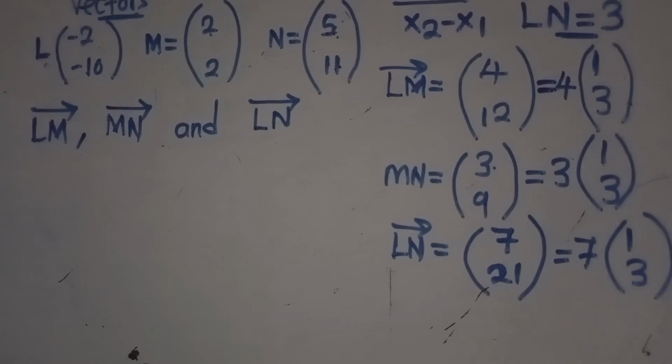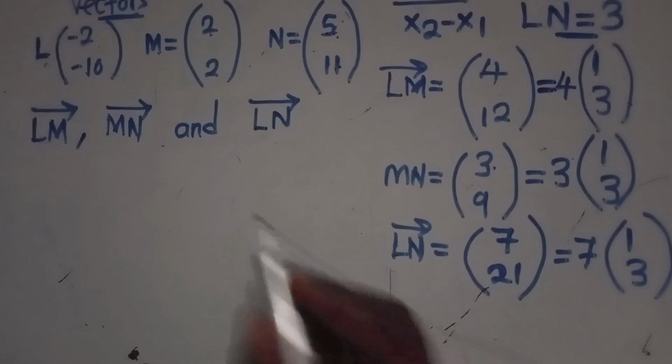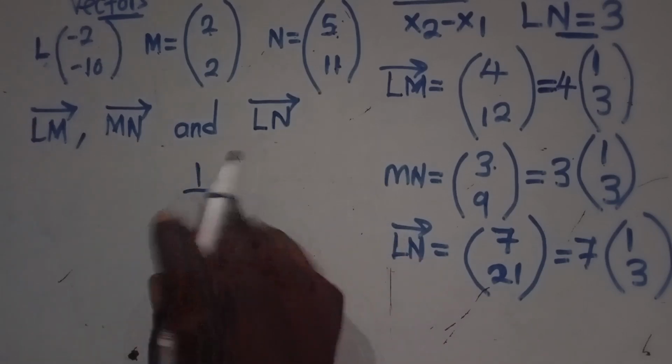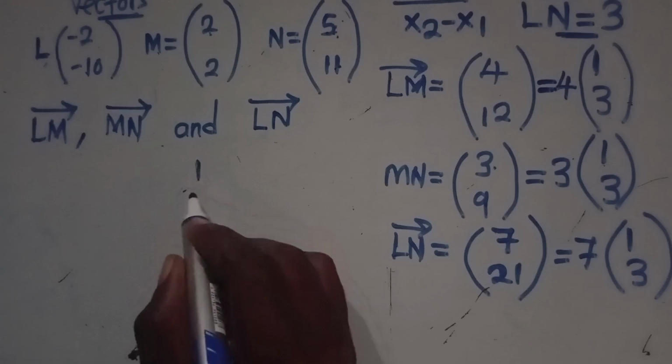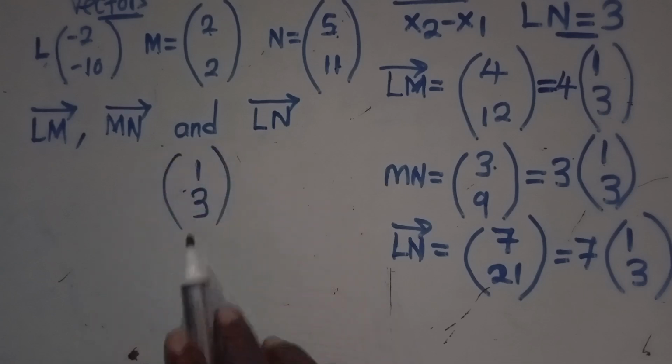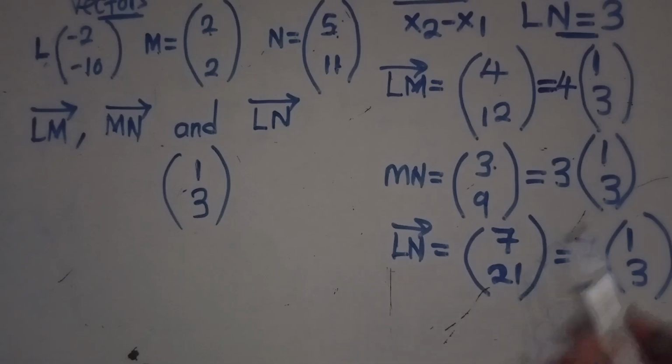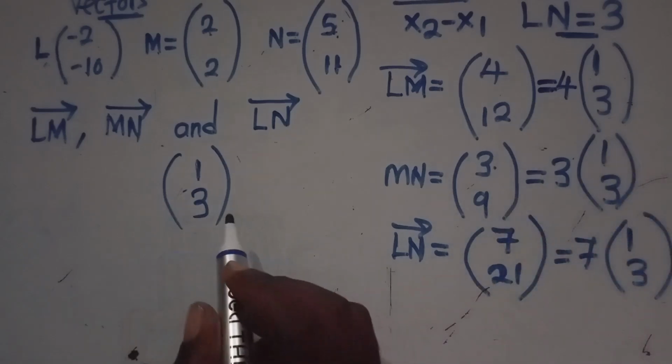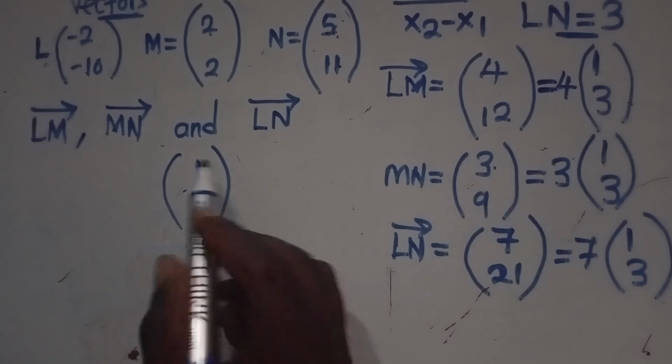So just us doing this, this is a sign that these points. So since each of the 3 vectors is a scalar multiple of the column vector, which is 1 over what? 1, then 3. So they are multiples of a column vector of that one. And considering that these points, the way they are given, we can now conclude that they are what? These are collinear. They are collinear to each other. So this is what you are supposed to do. This is what you need to understand. So you just say, since all of them are a column scalar multiple of this one.